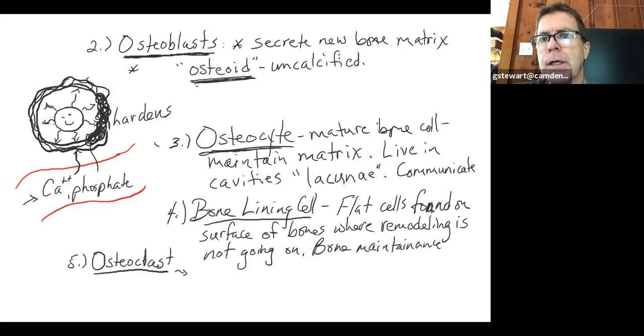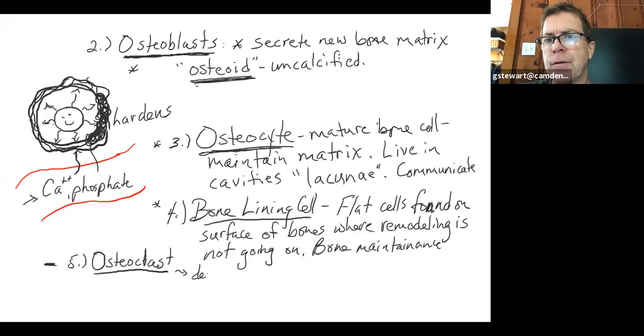An osteocyte is just a grown-up osteoblast, so its derivation is also from osteogenic cells. Bone lining cells are also derived from osteogenic cells. These cells, osteoclasts, their derivation is somewhere else completely. They do not come from bone stem cells, osteogenic cells.